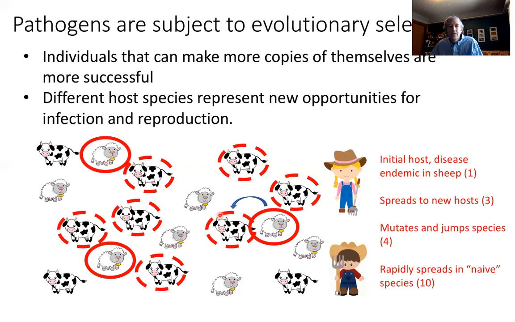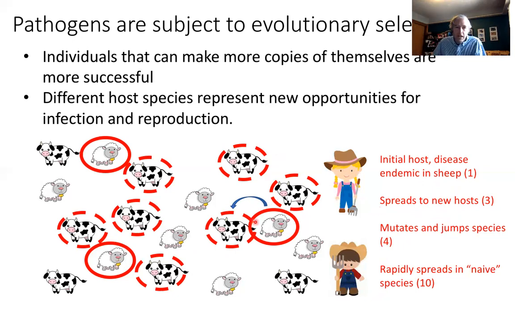So because they're naive hosts, the disease now rapidly spreads through this new naive population because they don't have any resistance to it. So we've rapidly jumped from 4 to 10. So we can see this is what we call a logistic increase, an exponential increase in the number of hosts, where we go a little slow increase and then a massive jump, because it's been able to jump species and infect a new naive species.